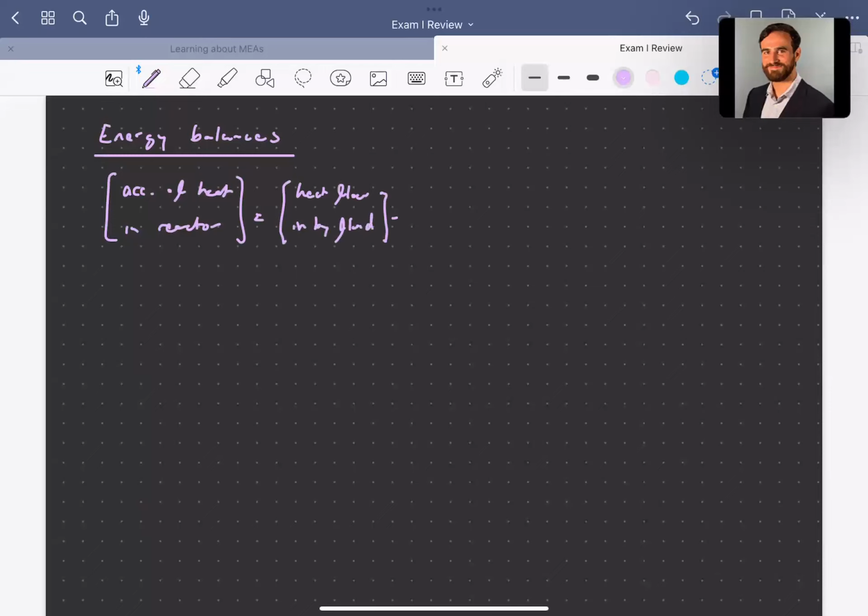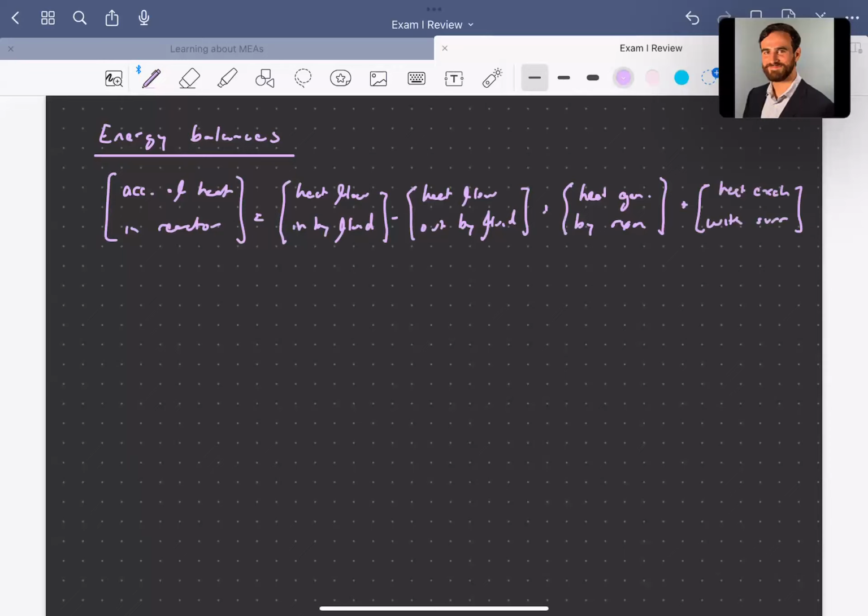So how much, say, enthalpy the fluid carries in, a heat flow out by the fluid, an amount of heat generated by the reaction. So this depends on the enthalpy of reaction, plus the energy exchange or heat exchange with surroundings if we have no work done on the system.